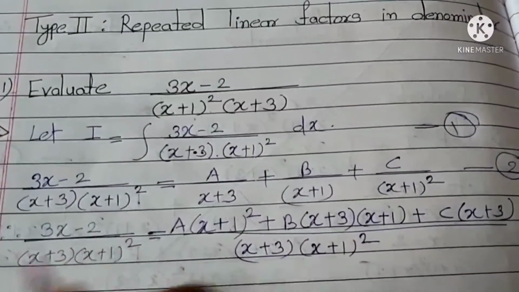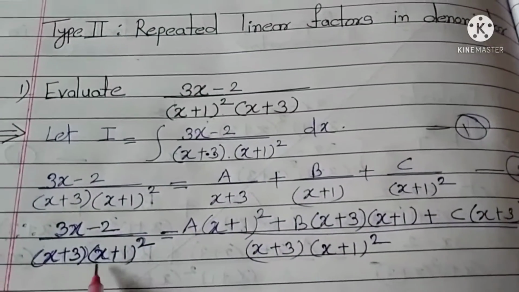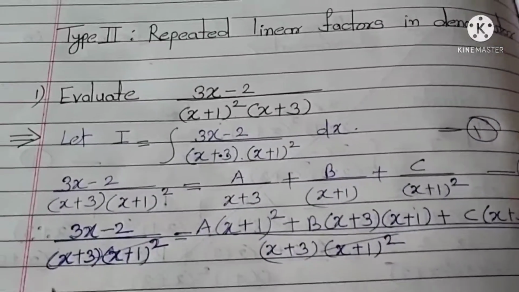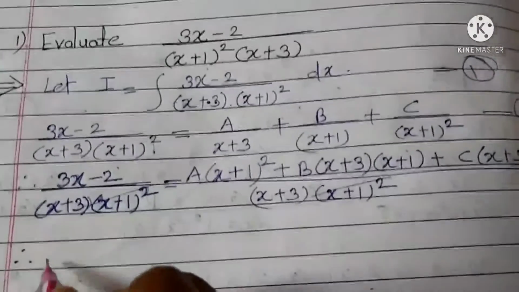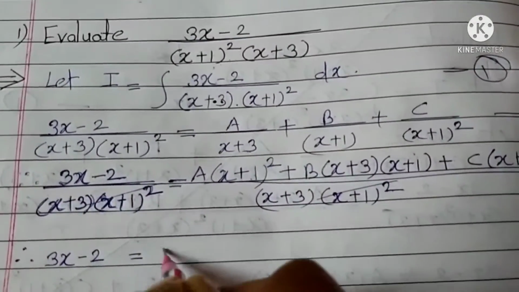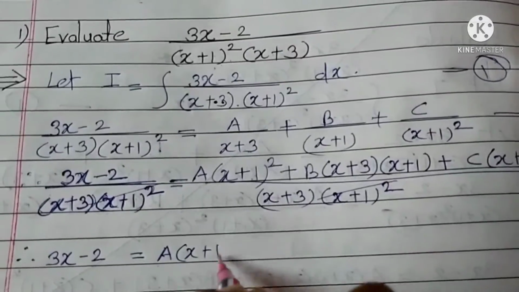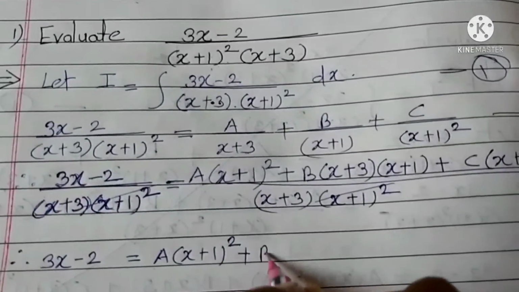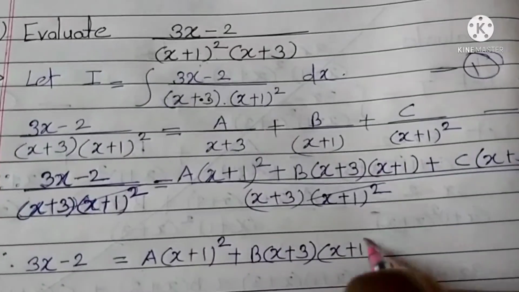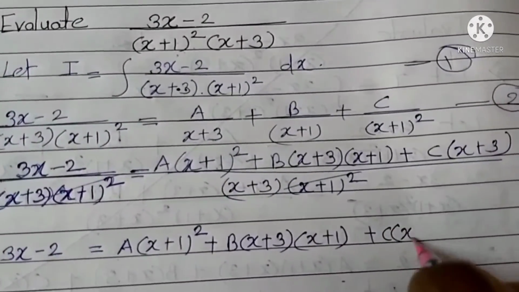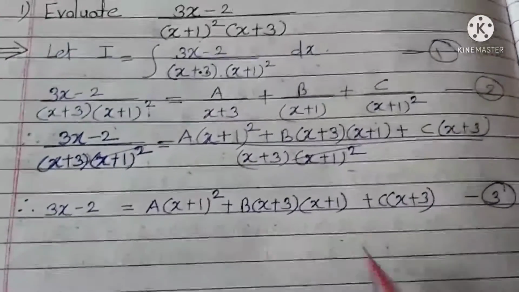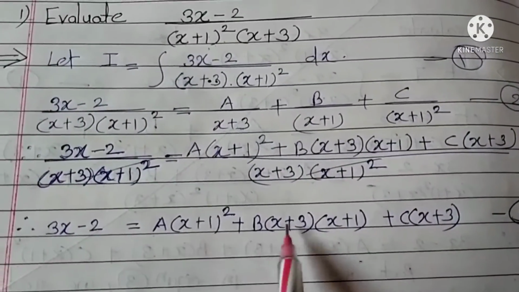Now you can observe that the denominator is the same on both sides, so we can cancel it and write the remaining terms, that is 3x minus 2 is equal to a into x plus 1 square plus b into x plus 3 x plus 1 plus c into x plus 3. Call it equation third.